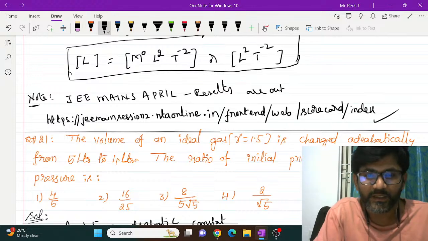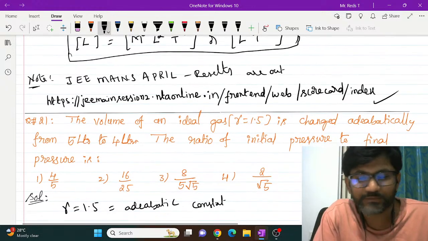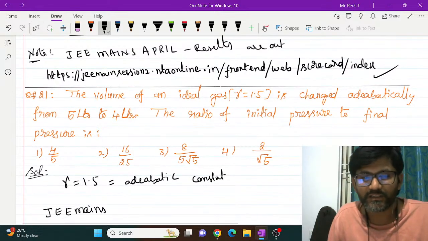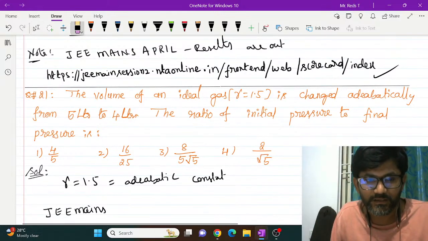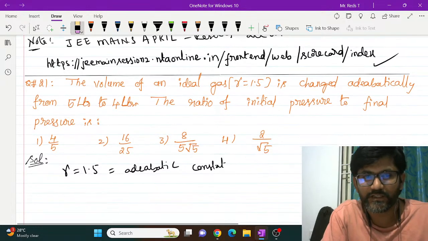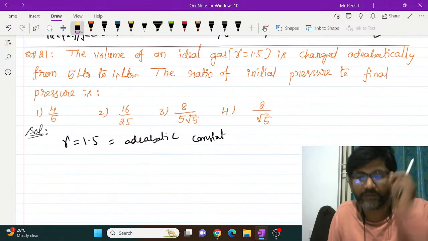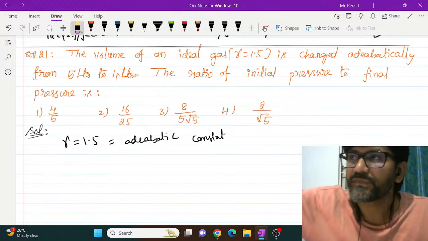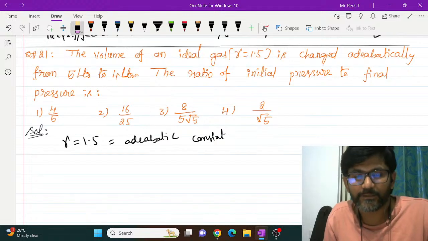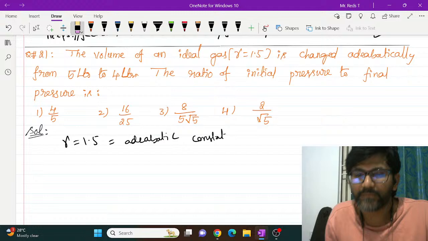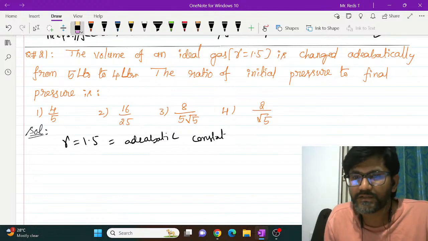Right, let's go to this next. So the volume of an ideal gas whose gamma, that is adiabatic constant, which is nothing but a ratio of specific heats Cp by Cv, is equal to 1.5, is changed adiabatically from 5 liters to 4 liters.